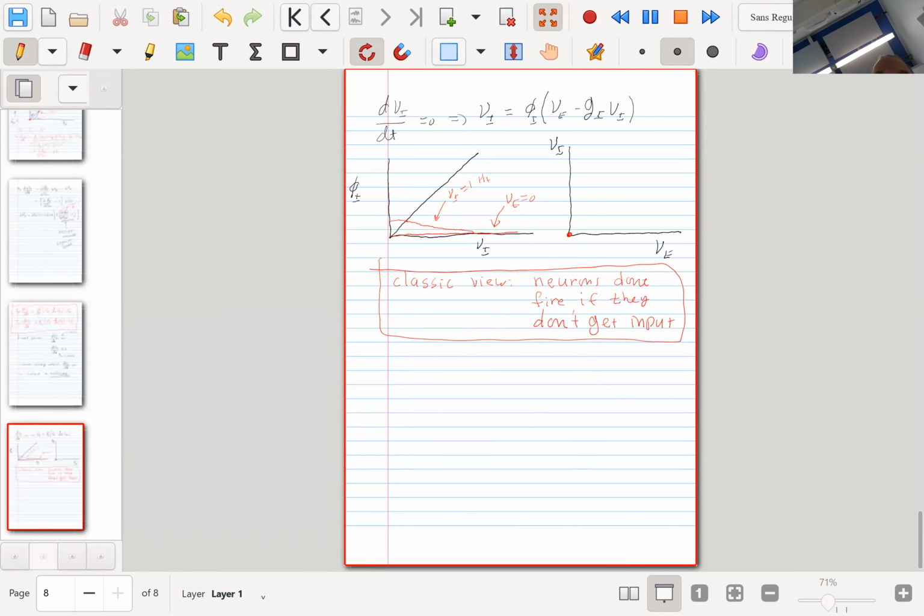If ν_E goes up a little bit, we're going to see that if ν_I is 0, the neuron's firing at some rate. As ν_I increases, this goes down. So the red curve, we're just plotting the gain function: φ_I versus ν_I at different values of ν_E. So that's going to be a point somewhere over here. Actually, sorry.